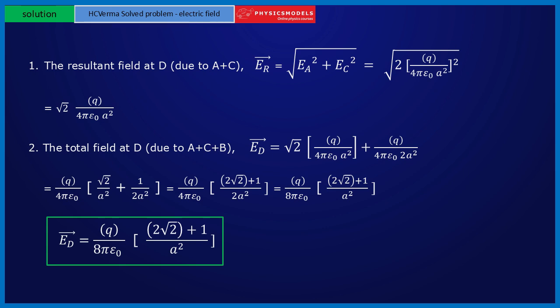Further working on the things inside the brackets, you will get 2 root 2 plus 1 by 2A squared. And that comes out as Q by 8 pi epsilon 0, and inside the bracket, it remains as 2 root 2 plus 1 by A squared.